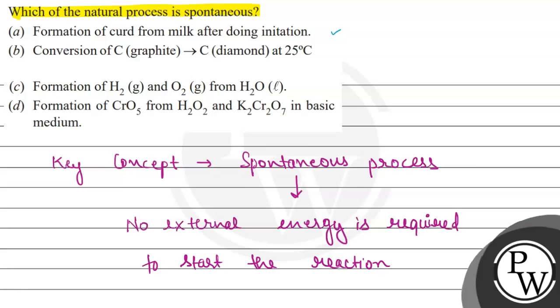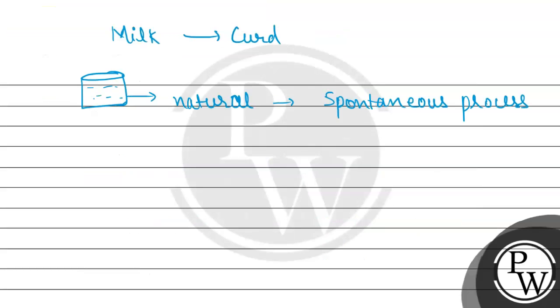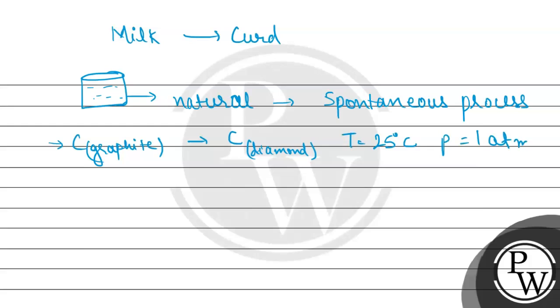Now let us see the next option. जो हमारे पास next option है it says कि जो conversion है from the carbon graphite का is converted into the diamond which is also a form of the carbon. Diamond में convert हो गया है and temperature is given 25 degrees Celsius and the pressure is given as 1 atmosphere.